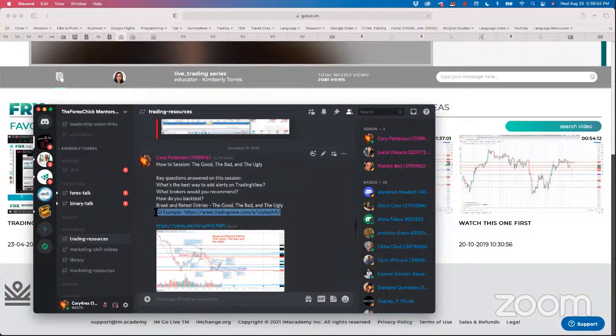It's called The Good, the Bad, and the Ugly. And this is talking about how to take entries, and it gives you examples of what are good entries, what are bad entries, even more in depth than I just went just now. So the whole session is about entries. What are good entries? What are bad entries?